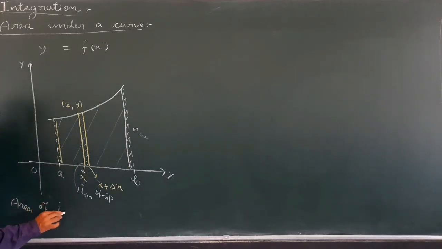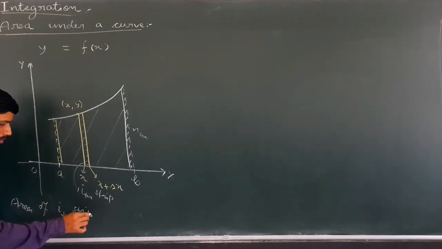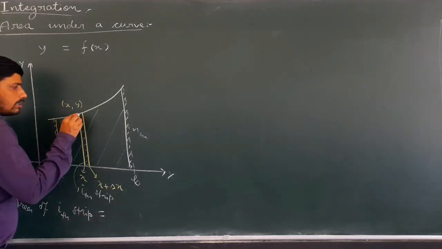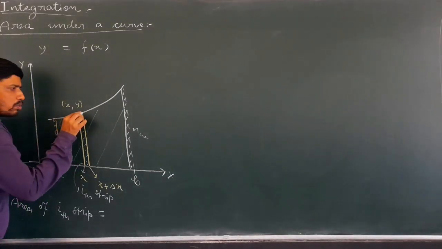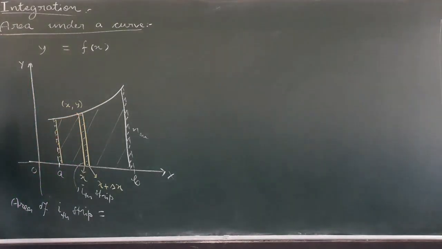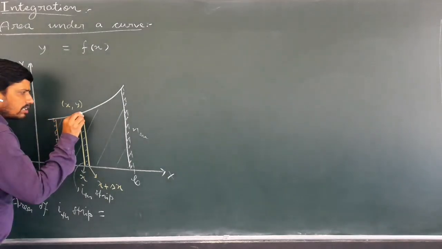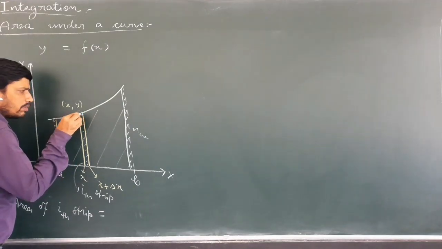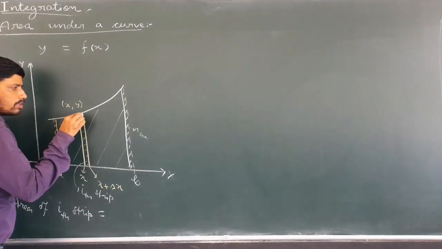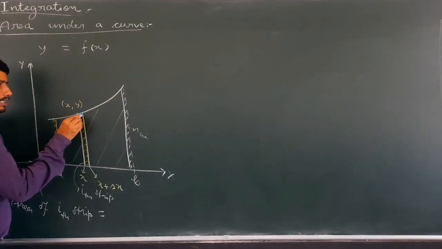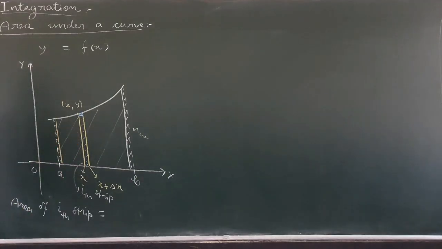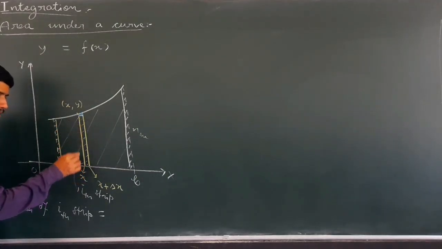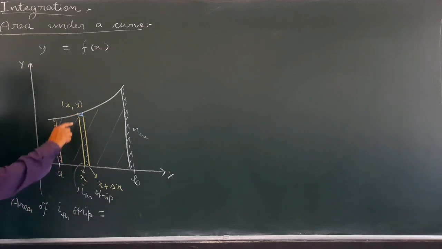So area of this ith strip will be, see, here if I make a rectangle, there will be a portion which will be left. That portion, let me mark here, shade it. This almost triangular portion will be left. This one. Apart from that, the remaining portion, this will be a rectangle. So area of this rectangle will be length into breadth. Now this height you can see is nothing but y.